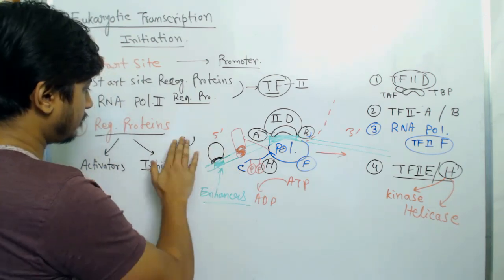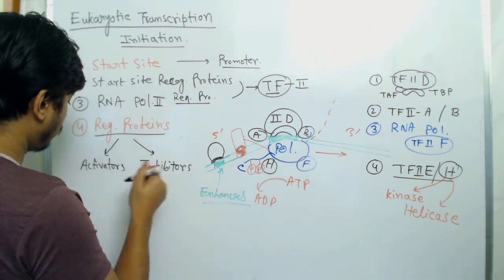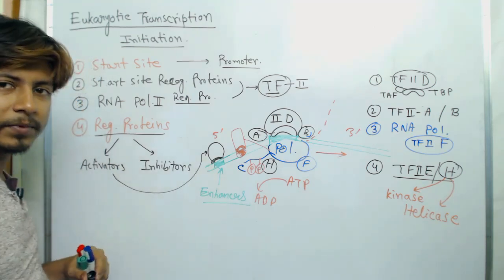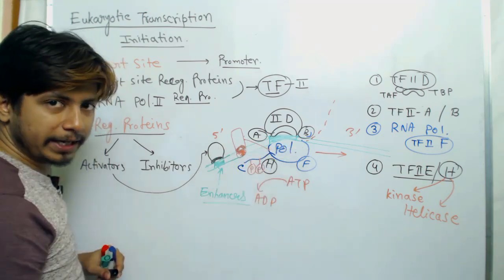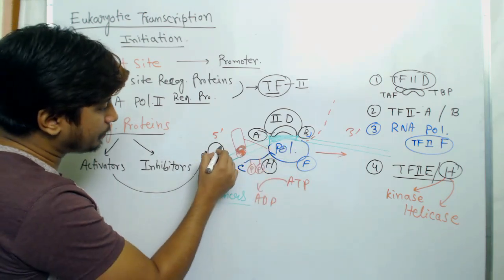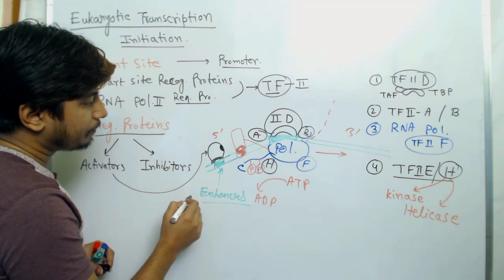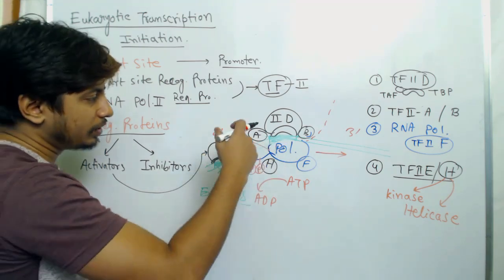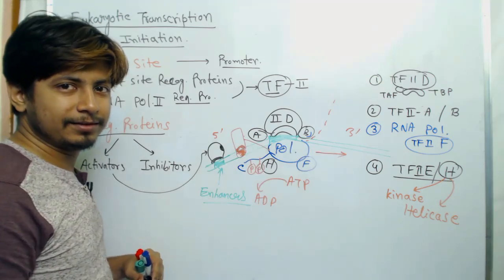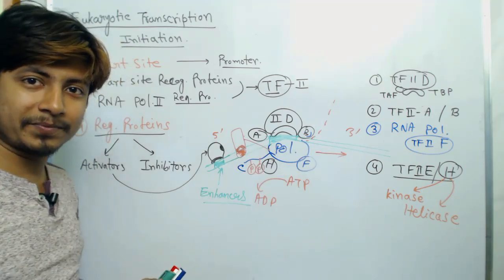Let me just put an arrow. These are the activators. This activator also has a DNA binding site and a polymerase binding site. With the help of this polymerase binding site, this activator can link with the polymerase, which can allow the initiation of transcription. That's how easy it is.